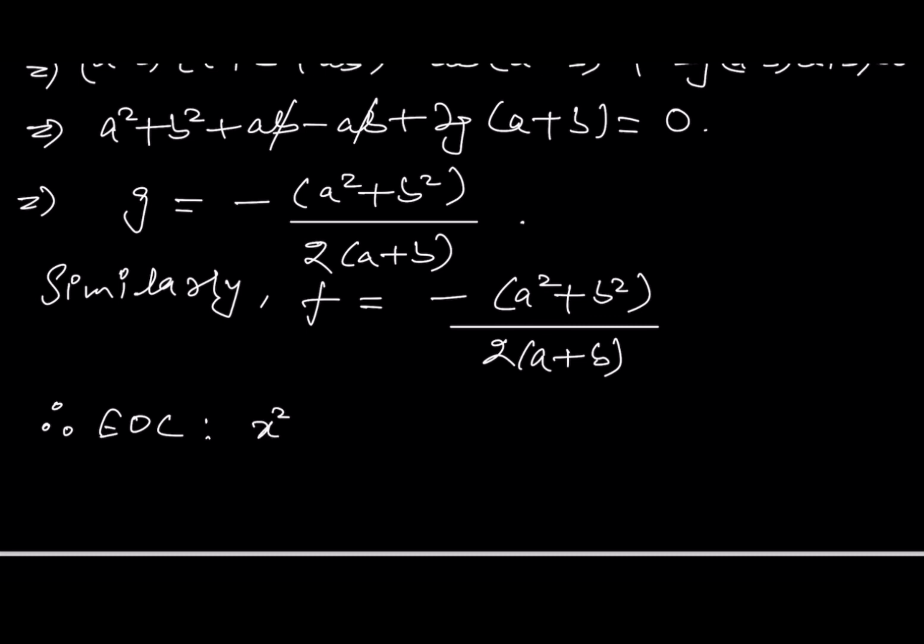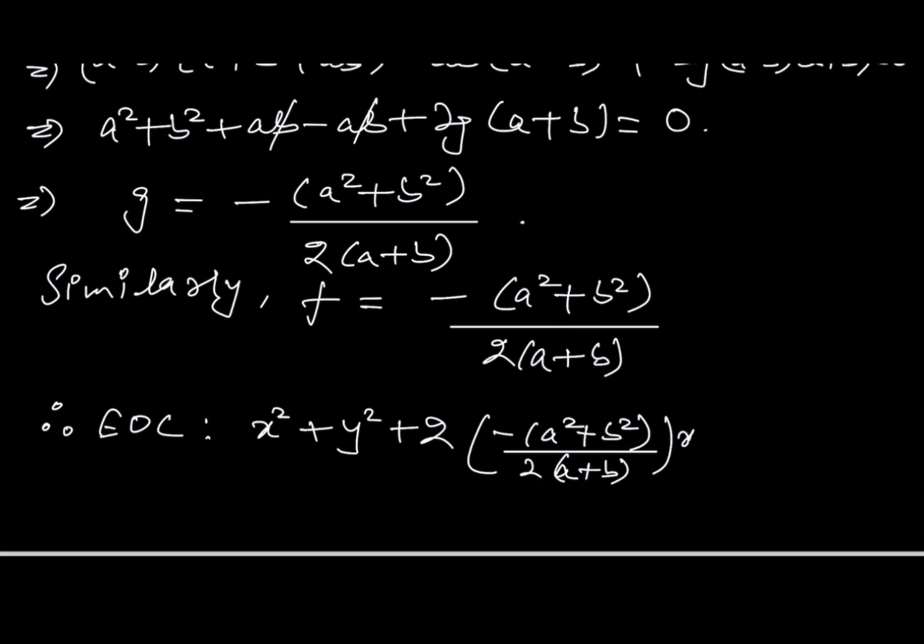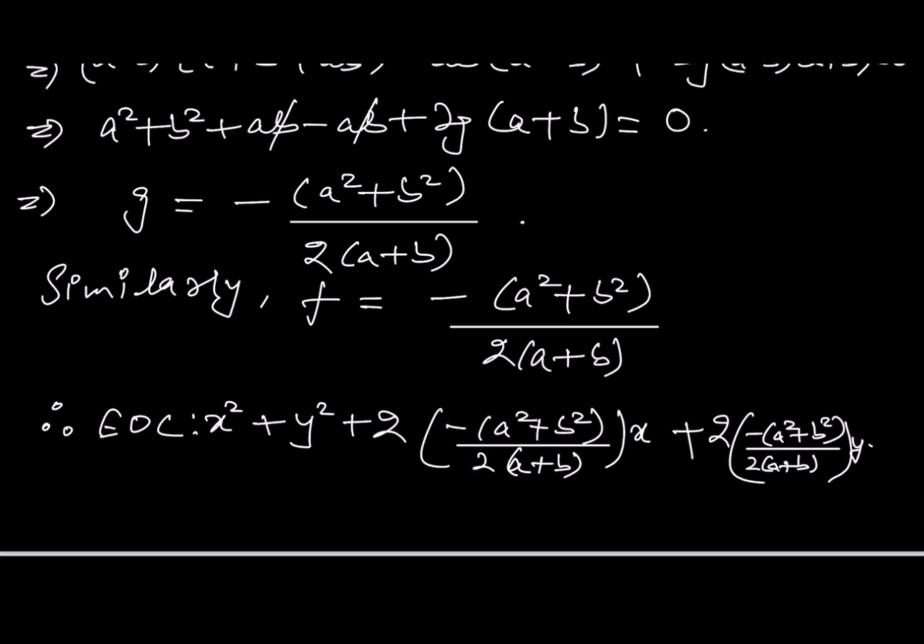So it will become x square plus y square plus 2g times x, which is minus of (a square plus b square) upon 2 into (a plus b) times x, plus 2 into minus of (a square plus b square) upon 2 times (a plus b) times y is equal to 0, right?